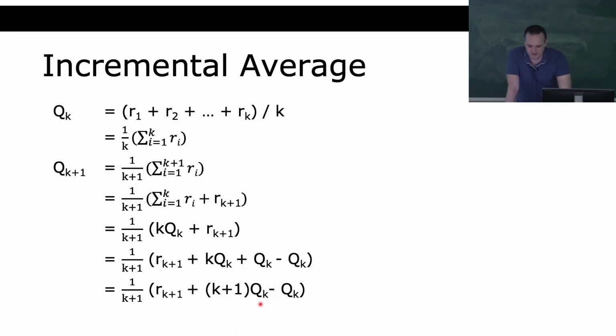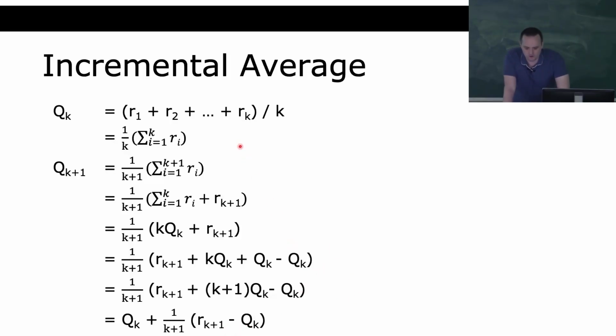I'm going to factor that out and take that outside. So I've got Q_k plus 1 divided by k plus 1 times R_{k+1} minus Q_k.